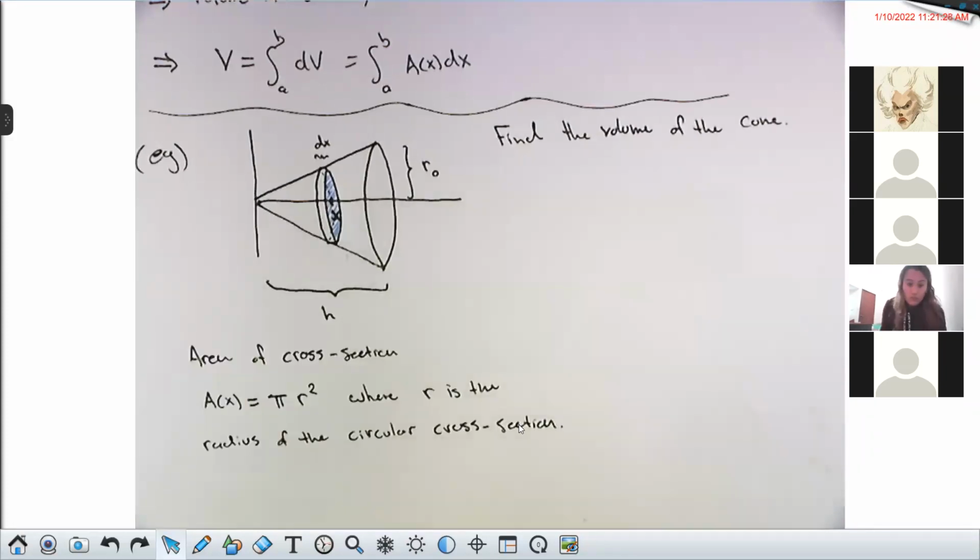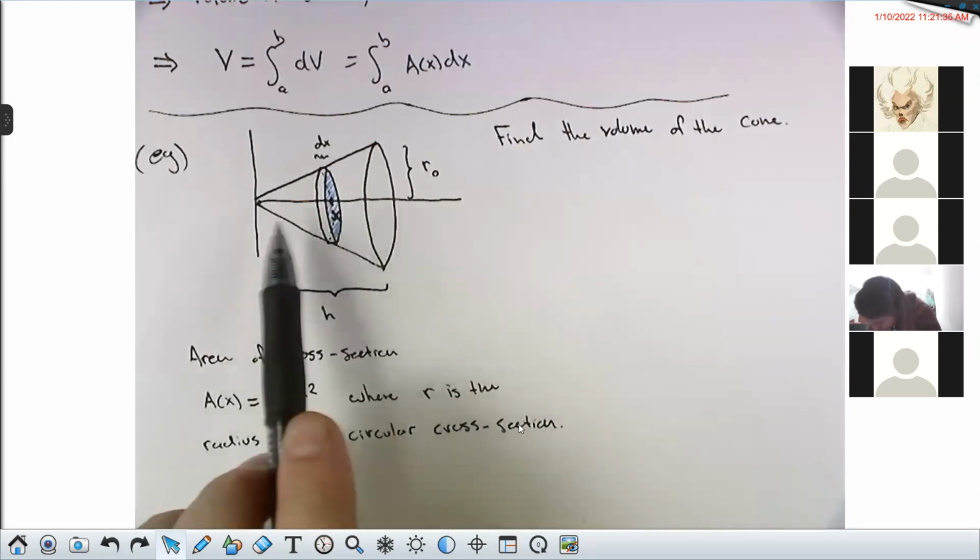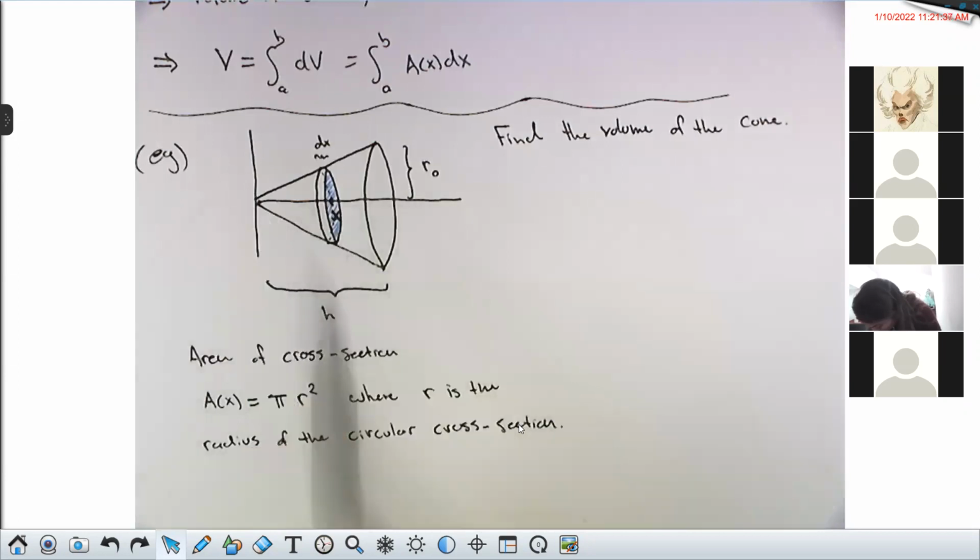And the question is, can you find a formula for that radius as a function of where I'm taking the cross-section, where I'm taking the slice?